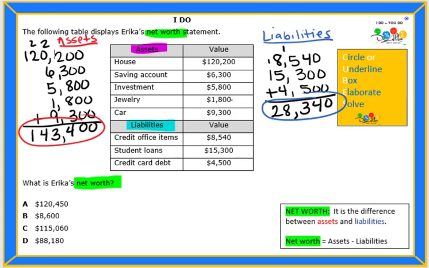Now, to find the actual net worth, we're going to take the assets and subtract the liabilities from it. So let's go ahead and do that. I'll just write here what we're going to do. The net worth, as you can see in our little poster down here, is equal to the assets minus the liabilities.